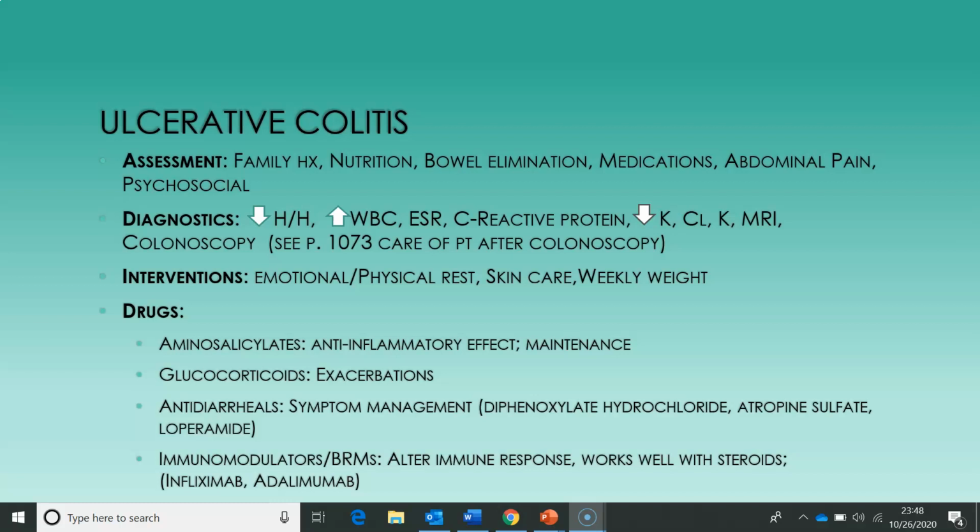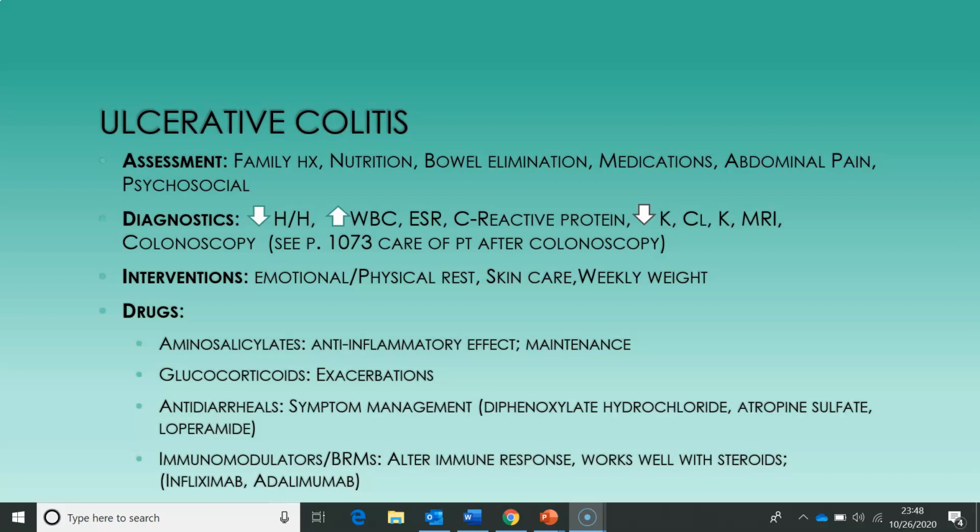Medications that can be used include, for the anti-inflammatory effect, usually for maintenance, glucocorticoids for exacerbations. You'll see antidiarrheals to manage symptoms, and immunomodulators for the autoimmune response, and they work well with steroids as well.